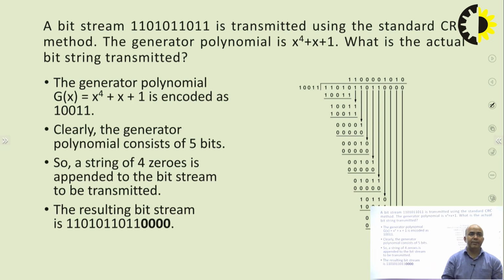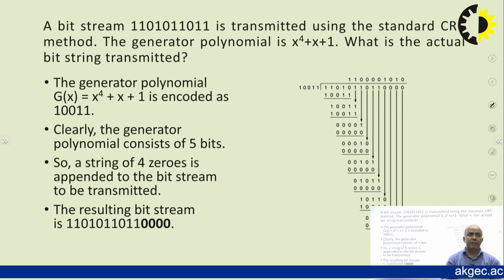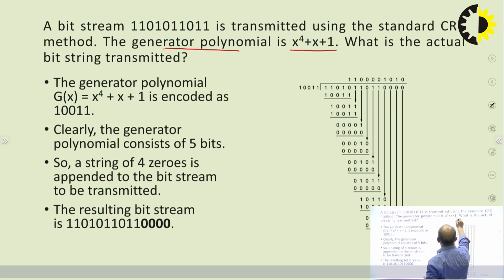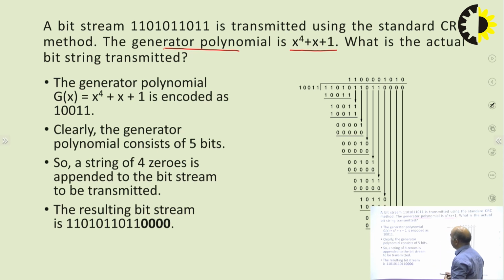Okay. So, this is an example. We have a bit stream being transmitted: 1 1 0 1 0 1 1 0 1 1, which is transmitted using the standard CRC method. In this we use the generator polynomial x^4 + x + 1.